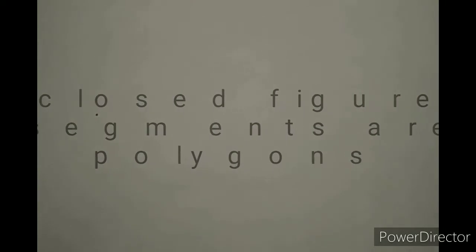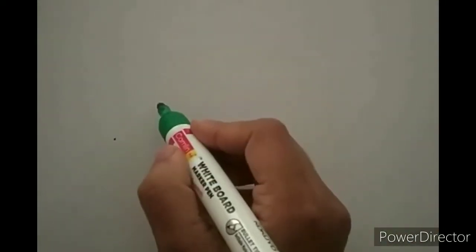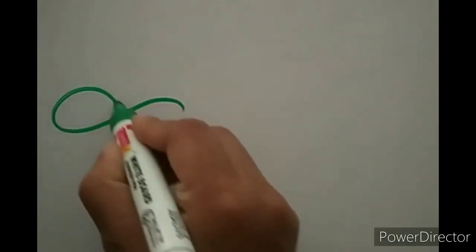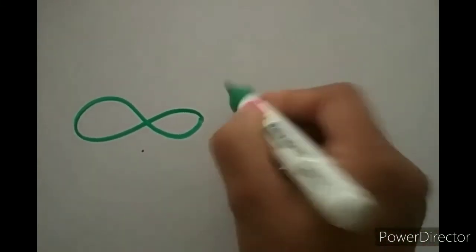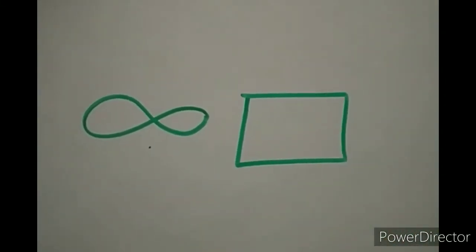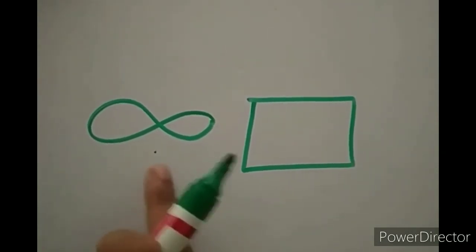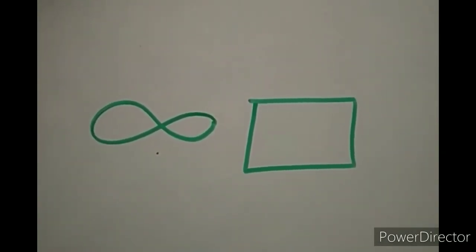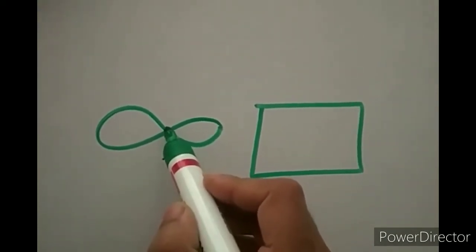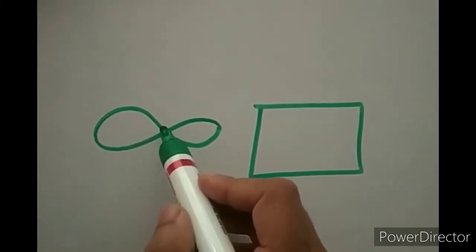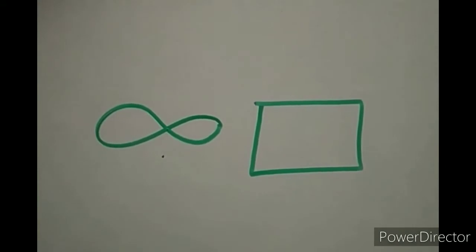So what are simple closed figures? See this figure. This is a closed figure. And this is also a closed figure. But what is the difference between these two figures? Here you can see that this figure intersects itself here at this point.